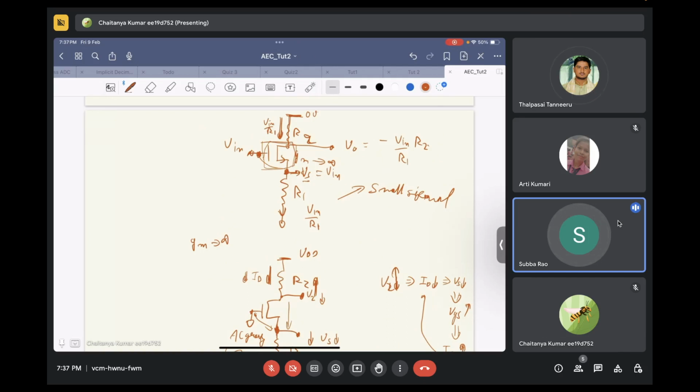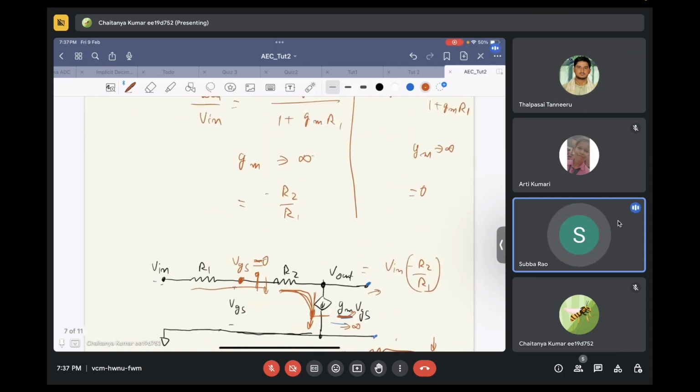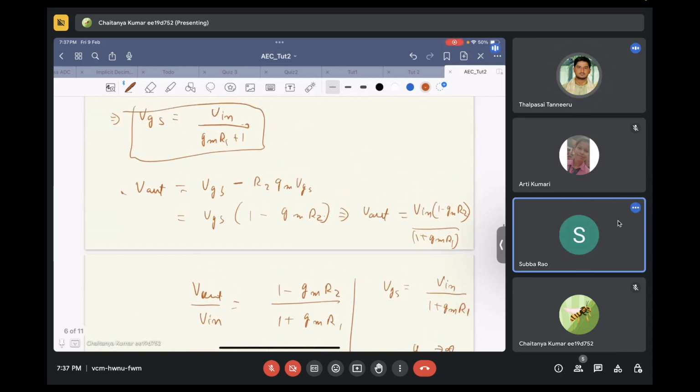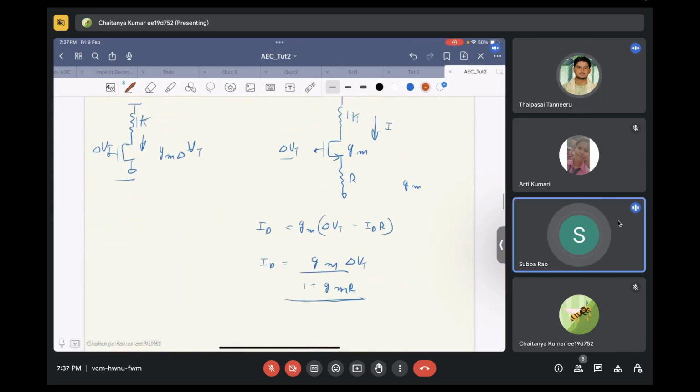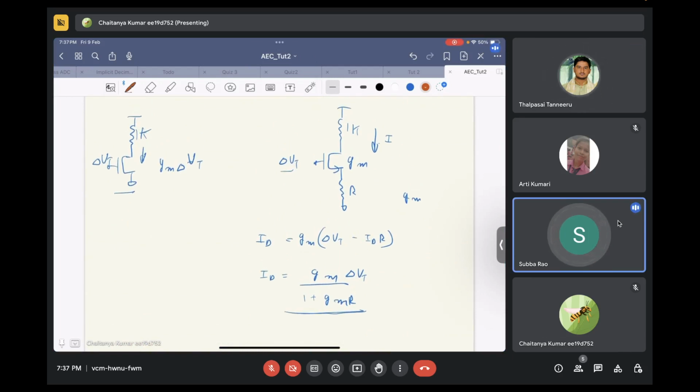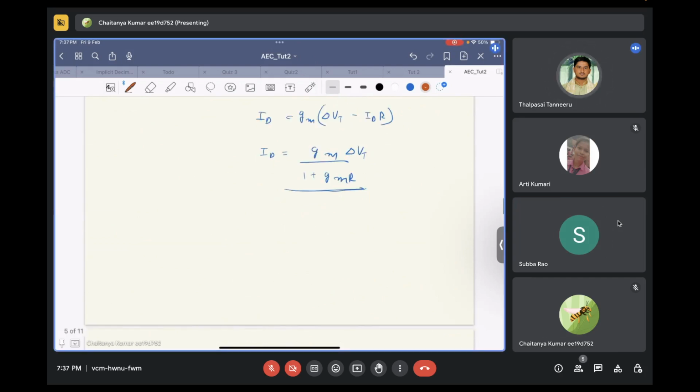Sir, if we are using a current mirror, it is related to week 3 only. I am only asking about clarity. If we are using this current mirror, and the current is supplied to another transistor which has a larger W by L, will the current change, sir? Yeah, so you can change the current by changing the aspect ratio.